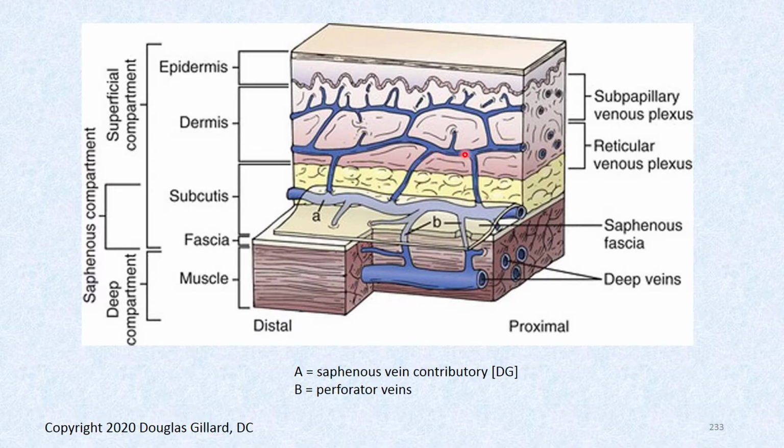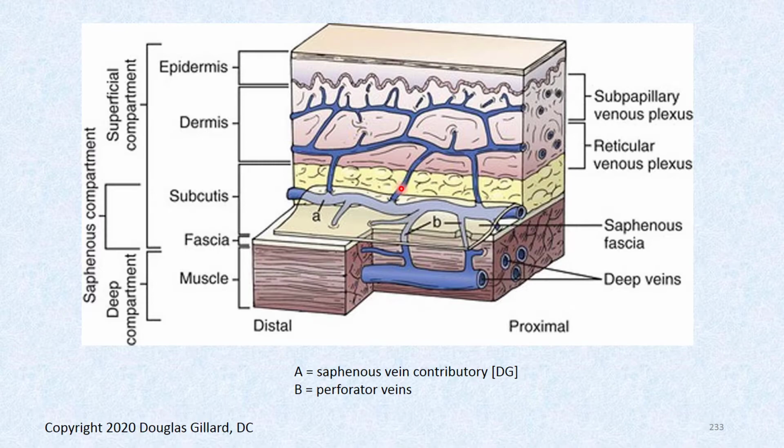So these pipes that connect the dermal venous blood to the superficial venous blood, like the saphenous or the short saphenous or any of its tributaries, are called reticular. I'm sorry, did I call them perforators?